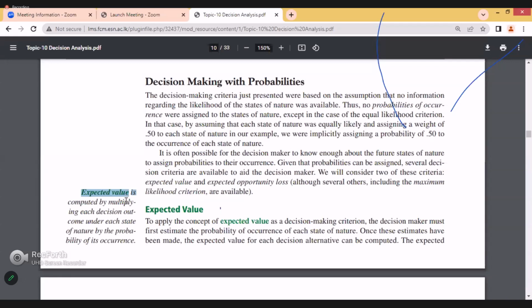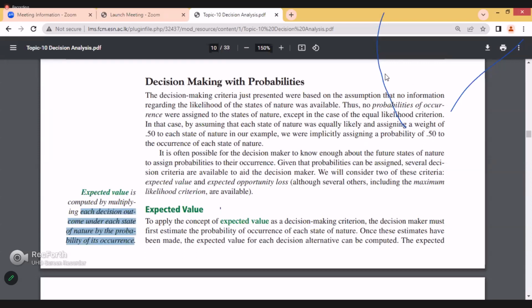The expected value is computed by multiplying each decision outcome payoff under each state of nature by its probability. So for the given probabilities, we have to do the calculations.